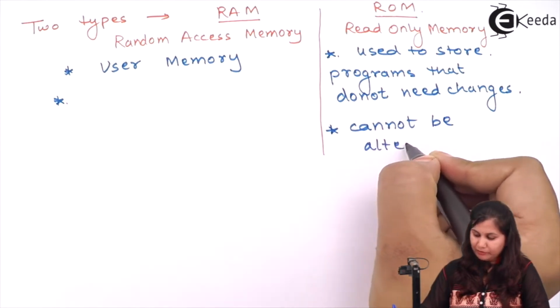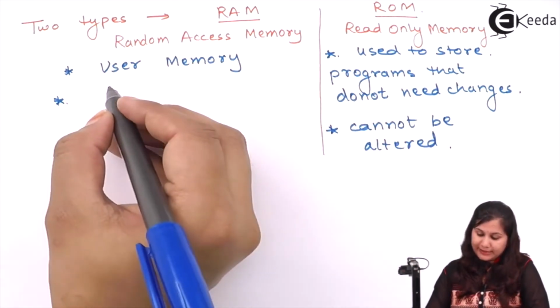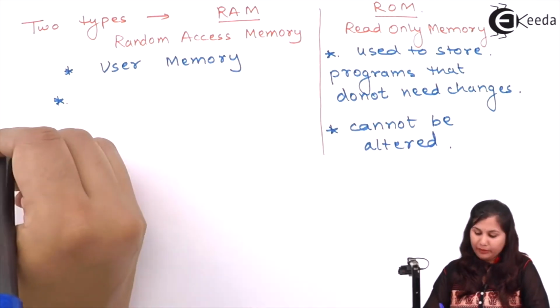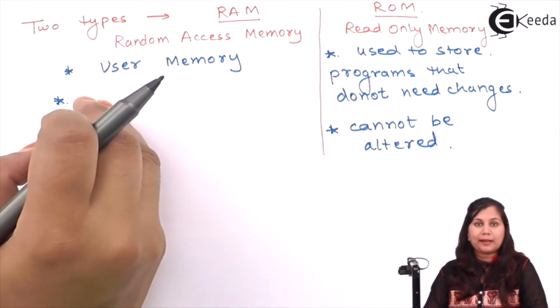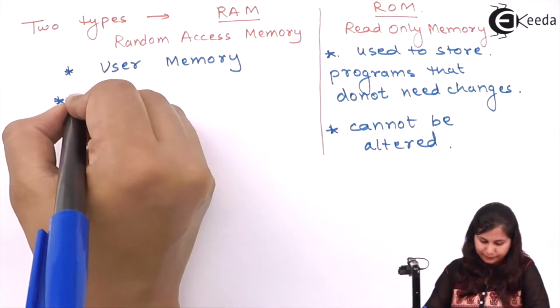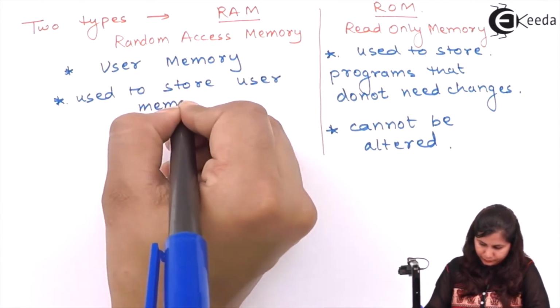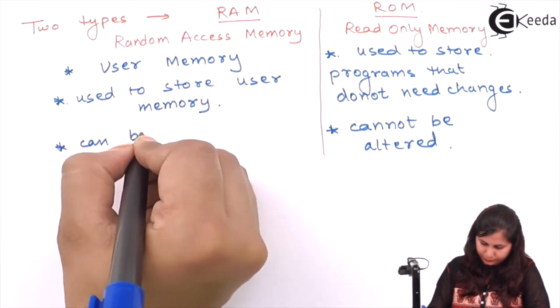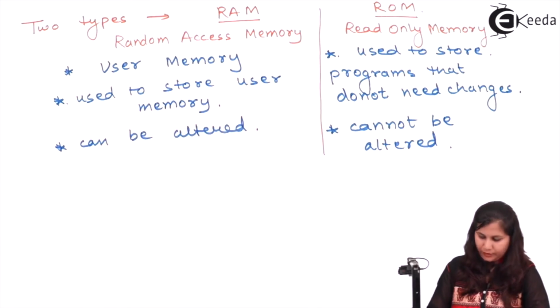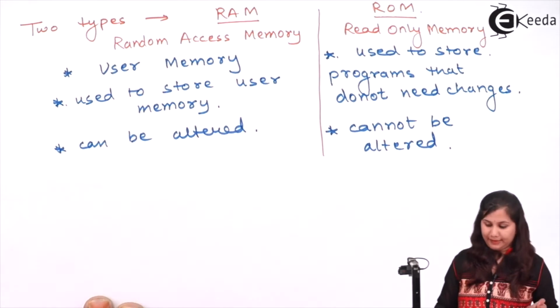No changes can be made by the user in these programs. Whereas in the random access memory, because it is the user memory, the programs can be stored in it and also changes can be made in that. So these are the two types of memory present in the microprocessor.